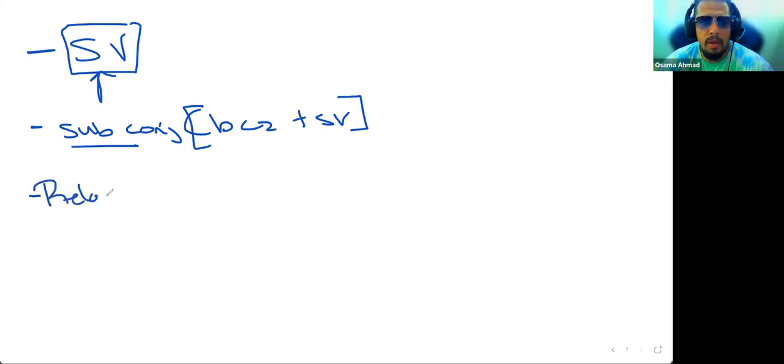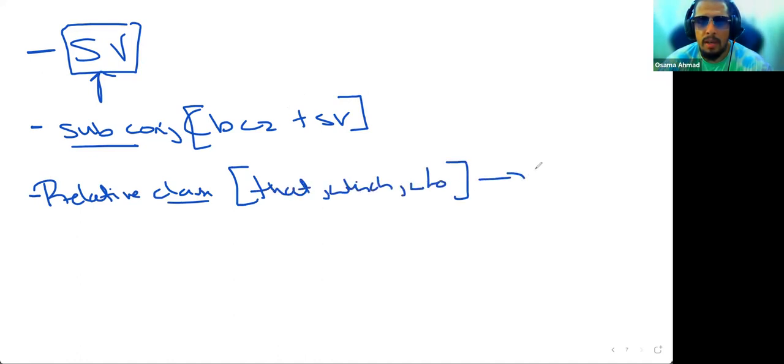When you're dealing with a relative clause, such as that, which, or who, they need a verb. So these are things that also can throw you off and confuse you. This is a little rundown, a little summary of sentence boundaries.